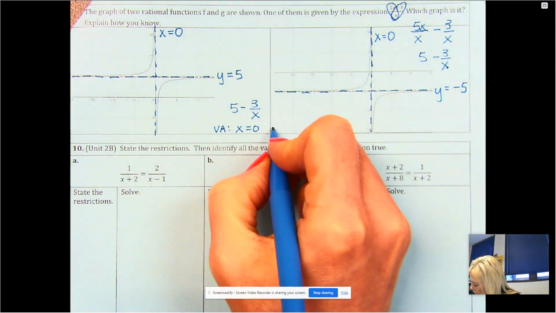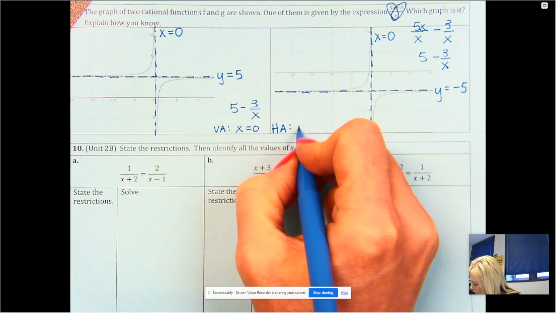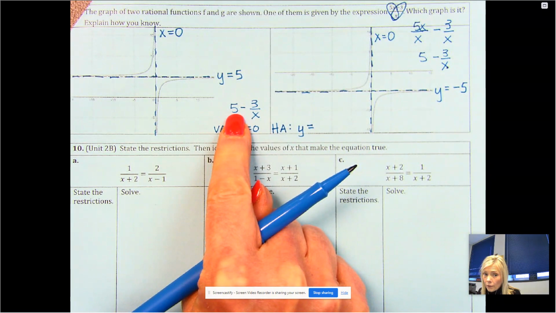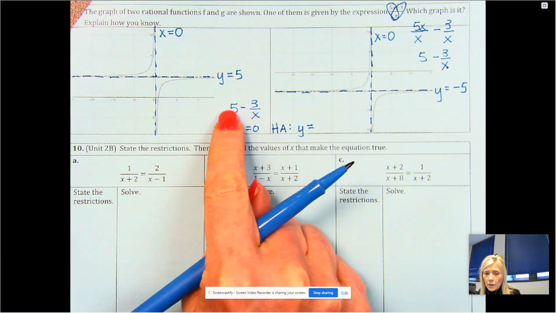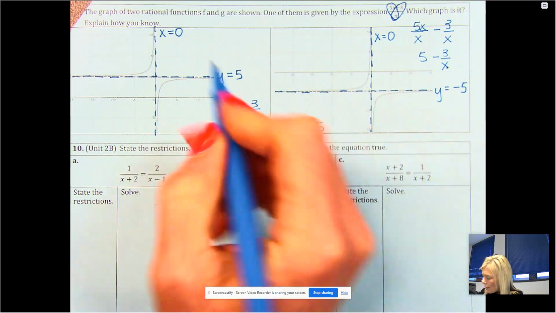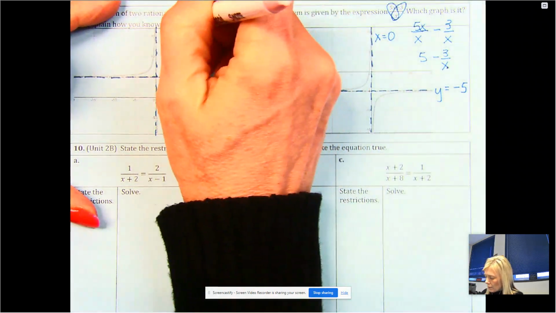And then the horizontal asymptote is always the constant, and the constant here is 5. It's not -5. The minus goes with the next term. This is a positive 5, so y equals 5. So that means it is the graph on the left. This one.